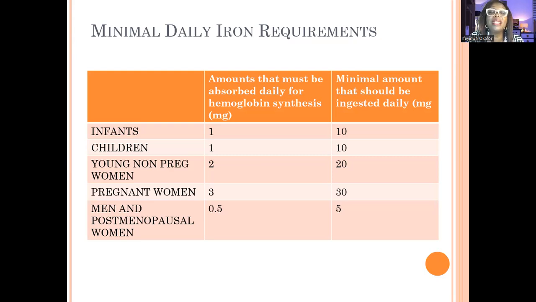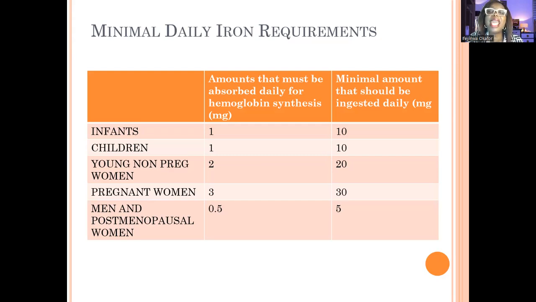And children can take 10 milligrams in order to absorb 1 milligram. And young non-pregnant women need to take at least 20 milligrams in order to absorb 2 milligrams of iron in their diet so that they can meet their daily requirement.